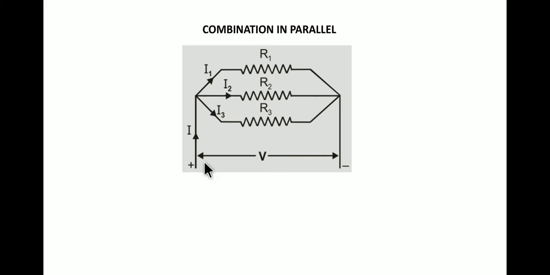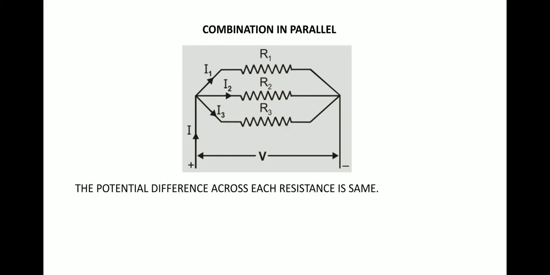I is the current which flows from the positive side, reaches this terminal and gets distributed in R1, R2 and R3 as I1, I2 and I3. If you see properly, resistors 1, 2 and 3 are all connected to this potential difference over here and here, which is the potential difference V. So the potential difference across the terminals of the resistors remains the same.